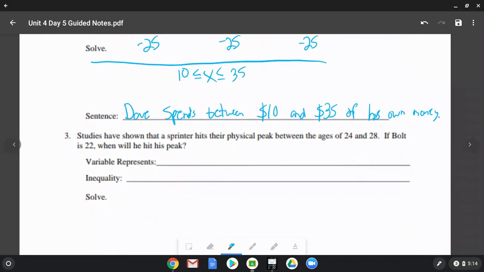Studies show that a sprinter hits their physical peak between ages 24 and 28. So I see that word between. I got a small, I got a big. If Bolt is 22, when will he hit his peak? So what's the question asking for? When will Bolt, that's Usain Bolt, hit his peak?